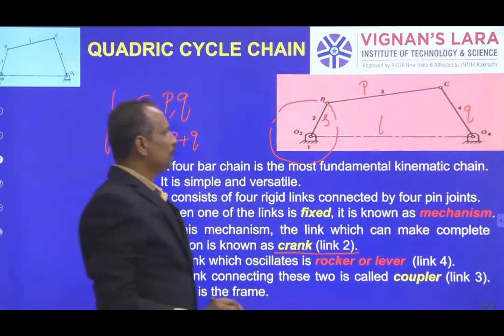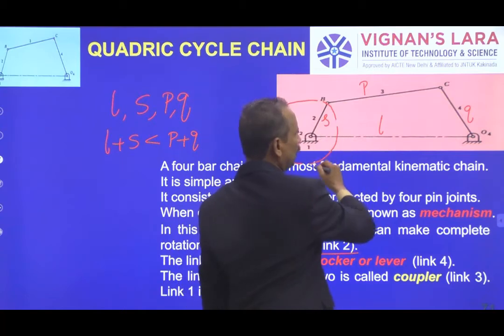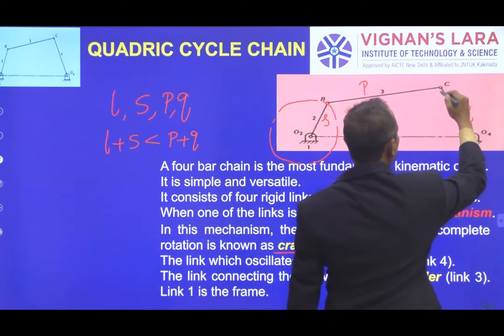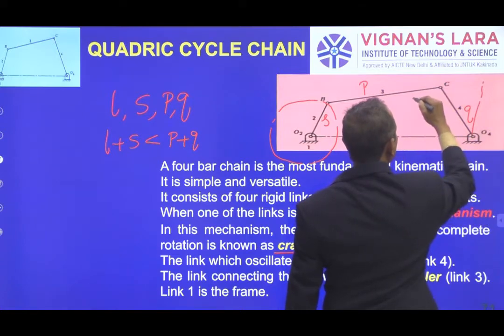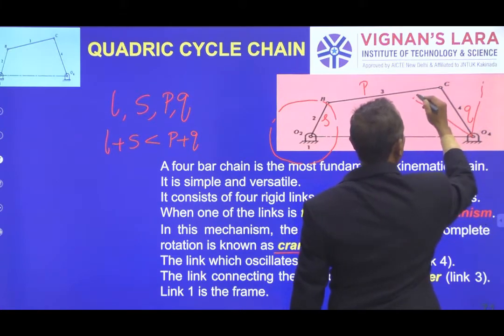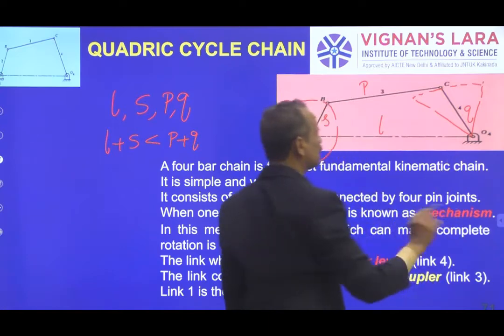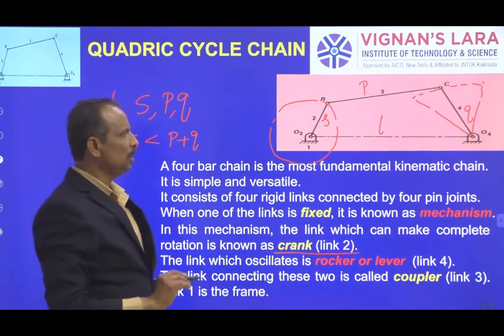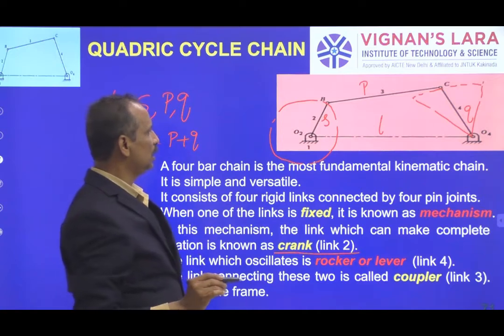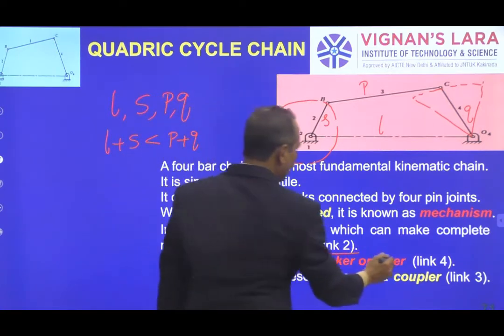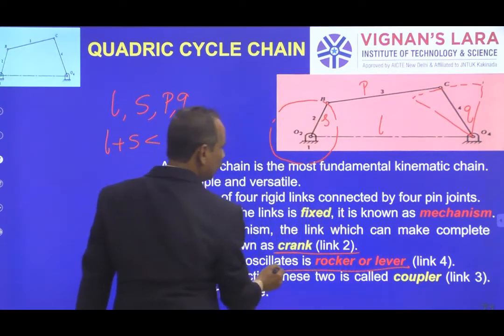Then here, by revolving this link, this Q link will move like this, oscillating, not rotating. Part of the rotation, which we call oscillation, is called a lever or rocker.